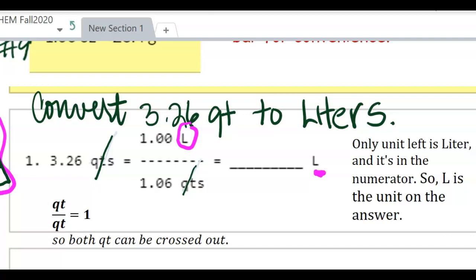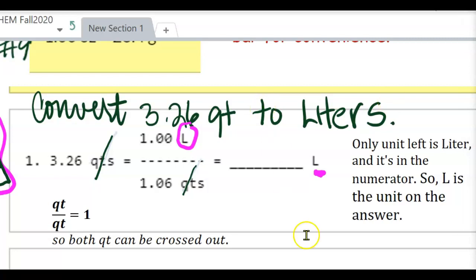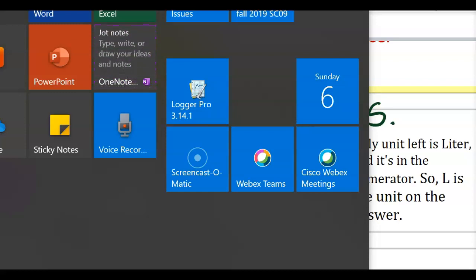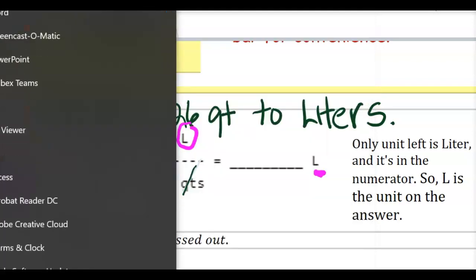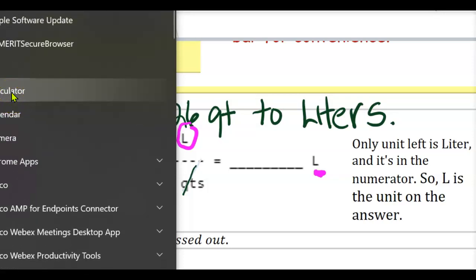All right, I'll pull up my calculator if I can find it here. There it is. So pull up your calculator. While people do the problem, I'll remind you how to get there. To pull up a calculator, you go down at the bottom left of your screen to the 4 squares. That opens up all of our apps. I'm just going to go to all apps, and they'll be in alphabetical order, and calculator is at the top of the C's.